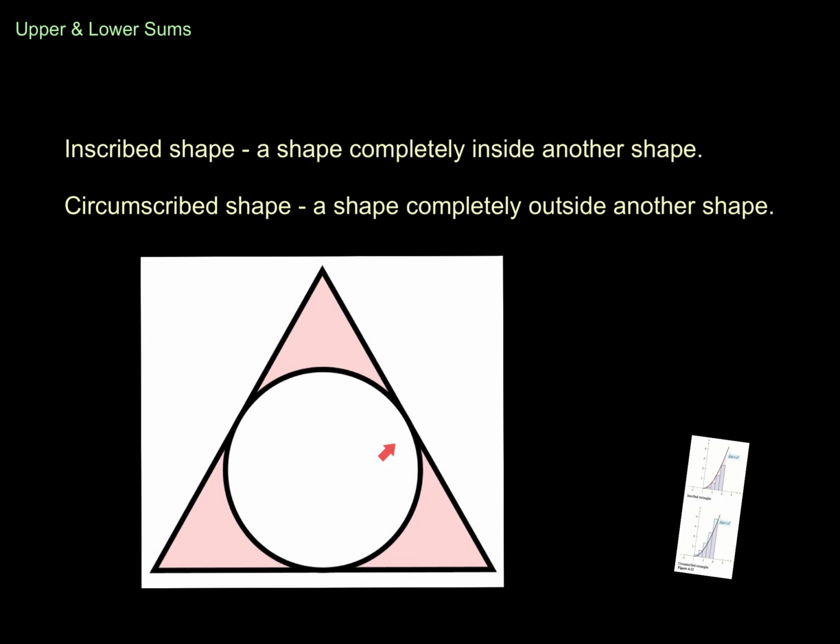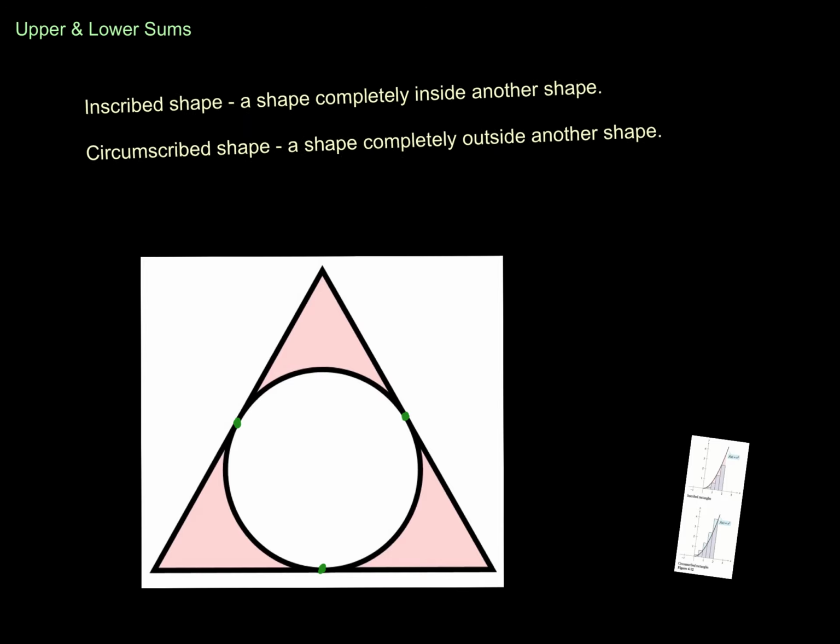That is an inscribed circle. It's inscribed inside the triangle. Circumscribed: notice how the triangle is completely outside of the circle, and you know that because it touches at tangent points. And so this triangle circumscribes this circle.